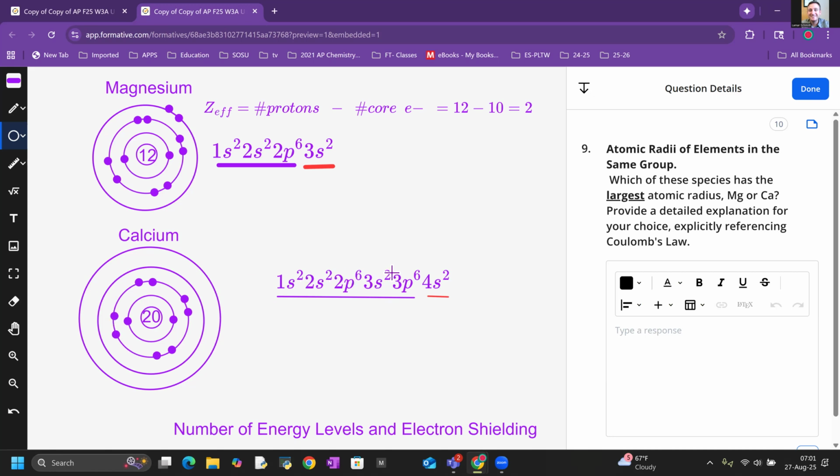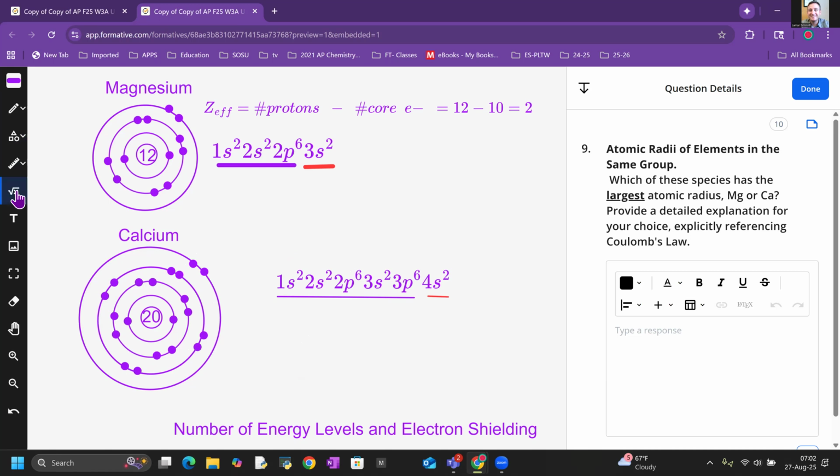Then we'll put 2 plus 6 in energy level 3. 2, 4, 6, 8. And then we're going to have 2 valence electrons in the highest energy level. All right, so that's what we have.